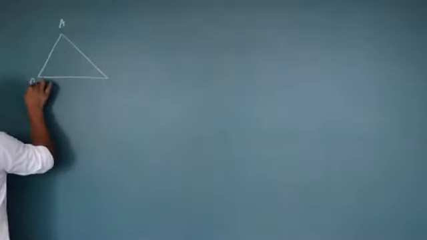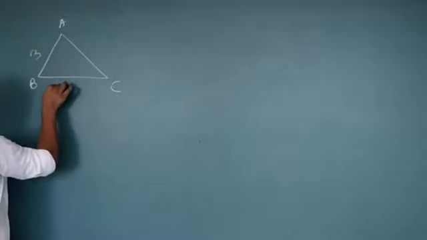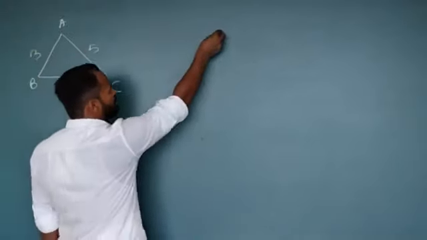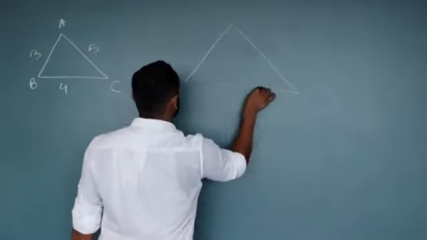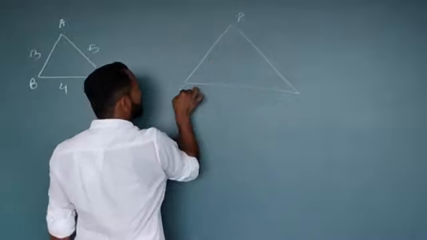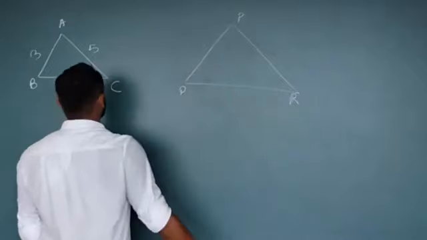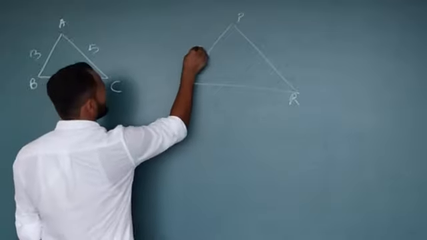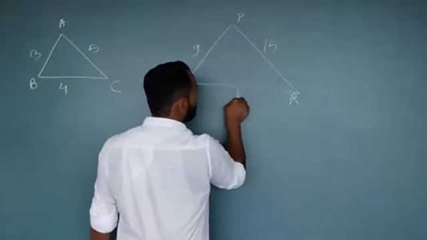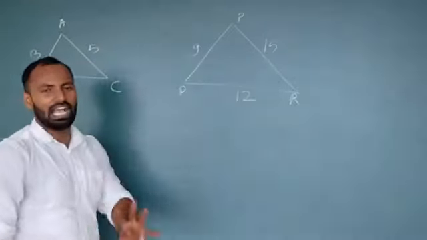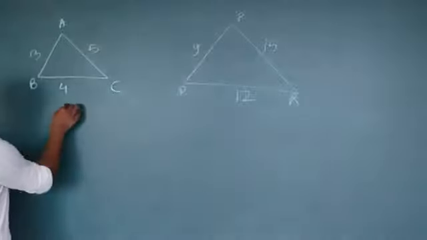If I am giving you a triangle ABC with lengths 3, 4 and 5, and I am giving another triangle PQR, let's suppose with lengths 9, 15 and 12. I'll give you 4 options to answer.